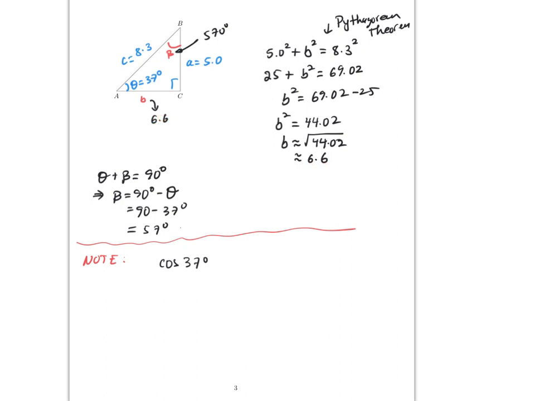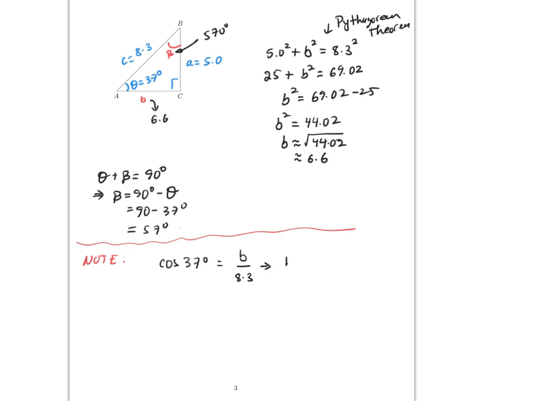But sometimes this side was also missing, so this was not here, and this is all you have. Then cosine of 37 would have been this over this. Because this was given, cosine of 37 would have been B over 8.3.